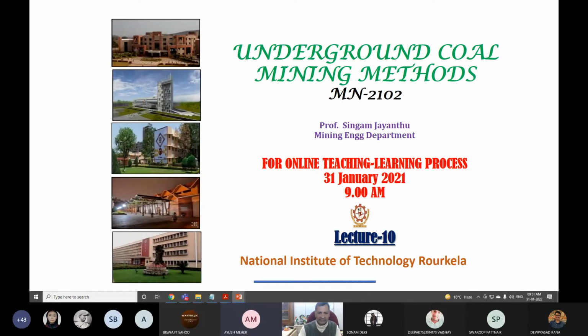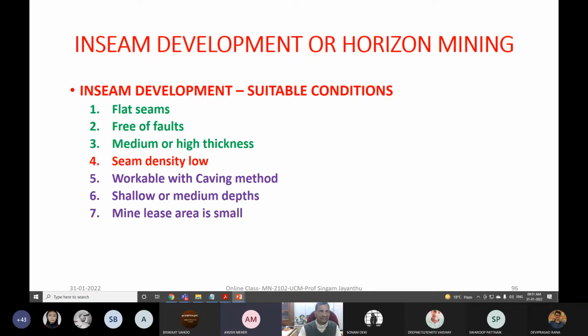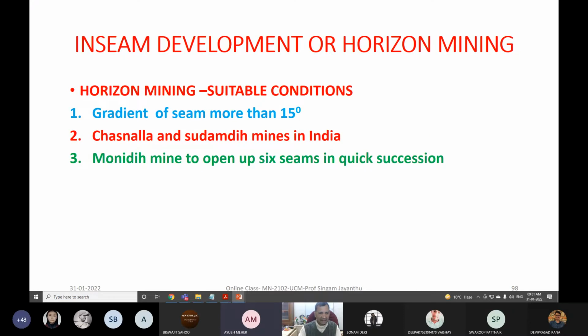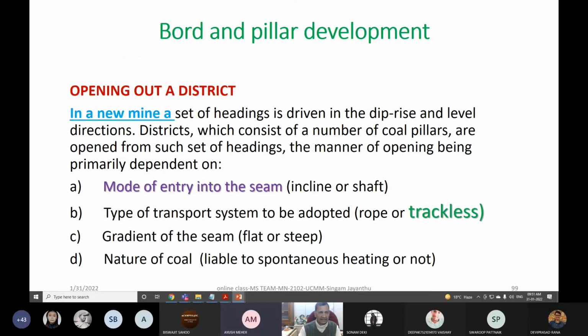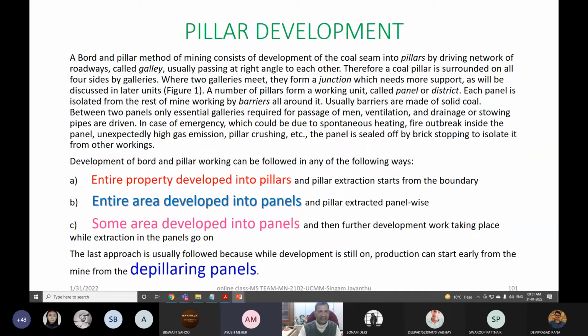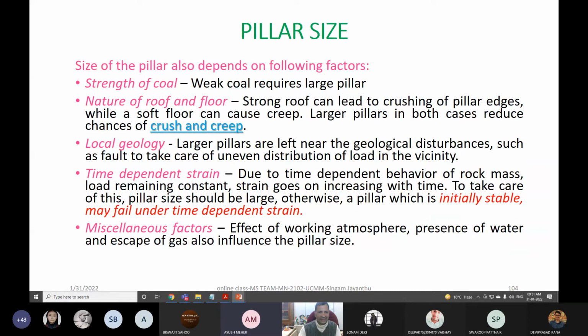Previously, we could not economically and safely extract that coal from the reserve, but now with advanced technology we can extract more coal. So in that aspect we can say that coal reserve is increasing.